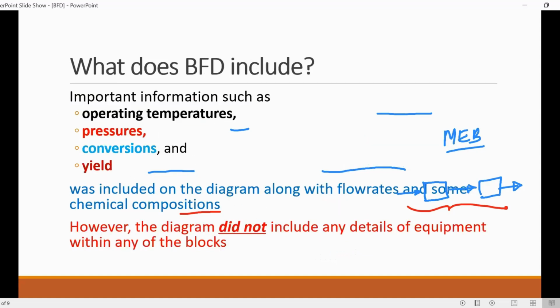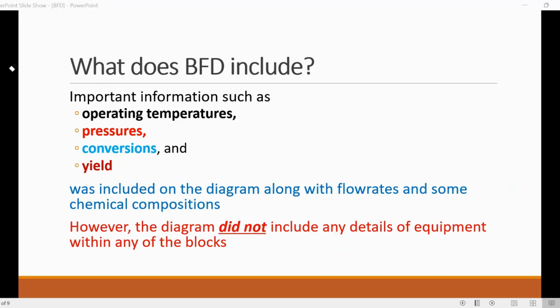So now, let me take out all these things here. This slide tells us what a block flow diagram includes. It includes operating temperatures, operating pressures, conversions, that means in percentage, and yield also.